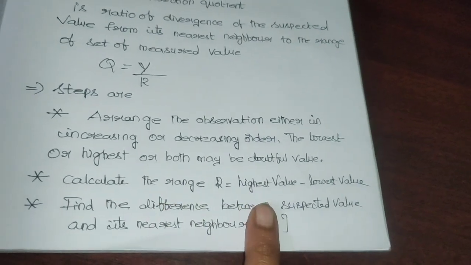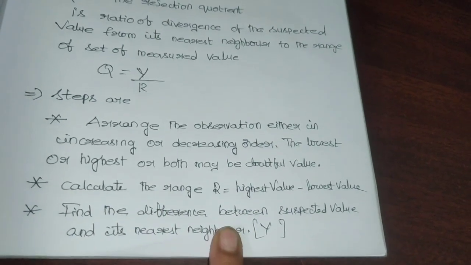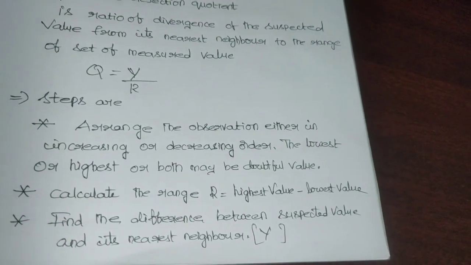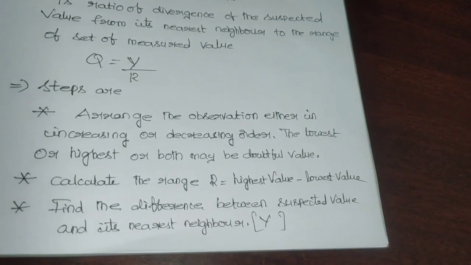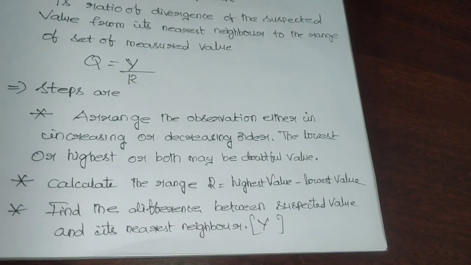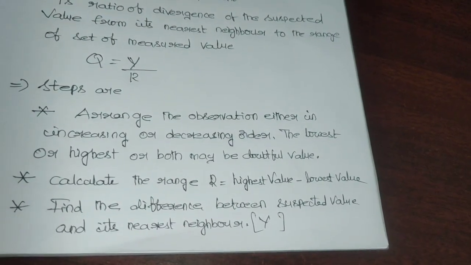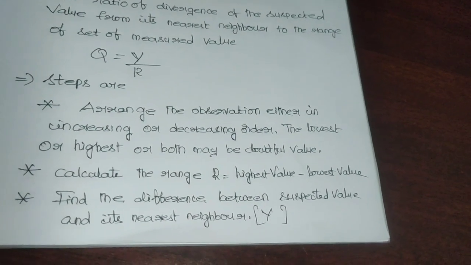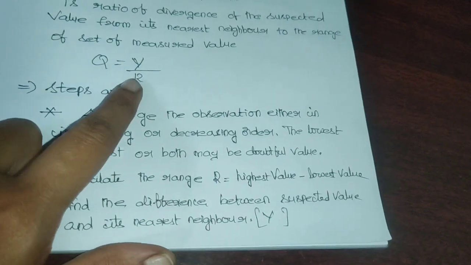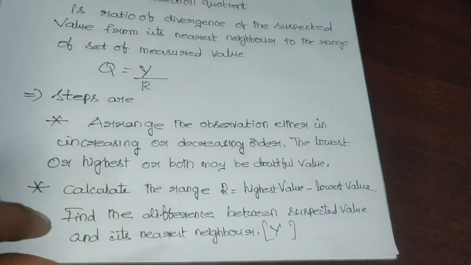Then find the difference between the suspected value and its nearest neighbor. We get Y, and we also have R, the range. Now we can calculate Q easily.